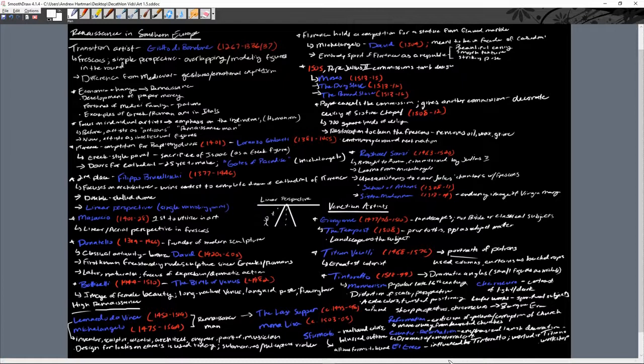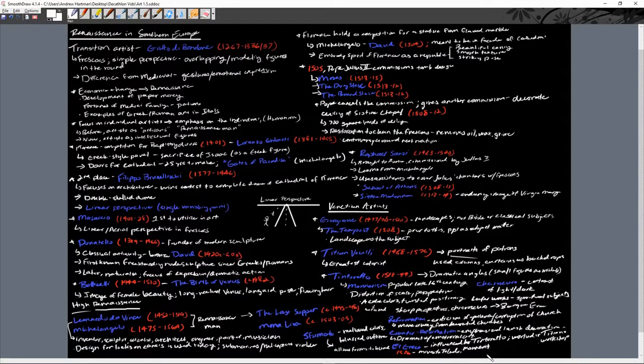And then in 1576, he moves to Toledo from Italy. Toledo in Spain. And he is one of the most well-known Mannerist painters.